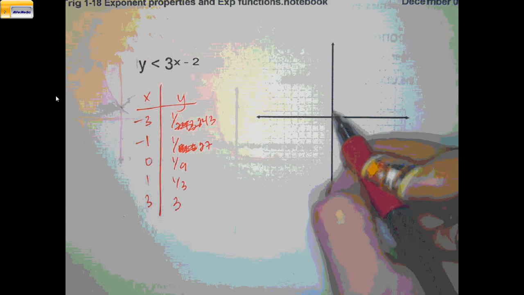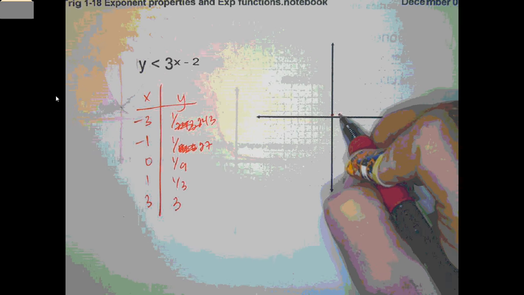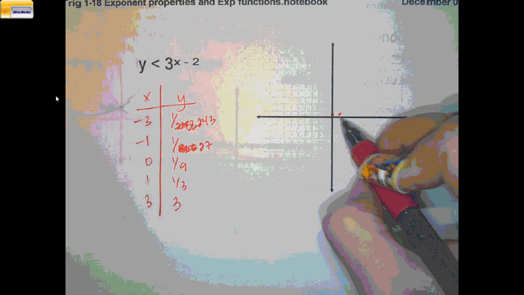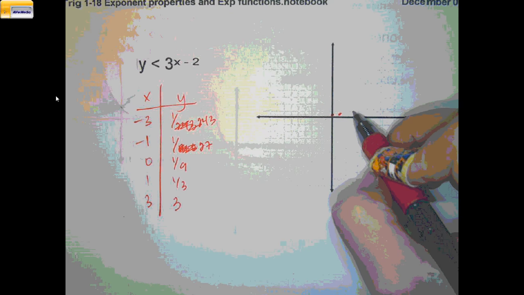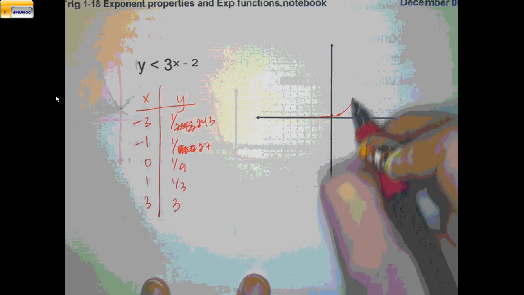Let's just see. So we have all of these tiny, tiny ones. And then 0 is a 9th, and then 1 and 1/3, which still looks tiny. And 3, 3. So you can kind of see it's going to have a pretty sharp upturn.